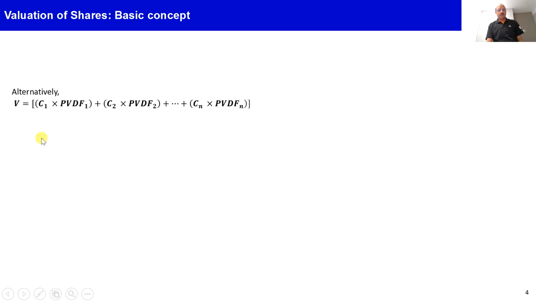Now we can also write the above equation in this fashion: C1, the cash flow of year 1, times the present value discounting factor of year 1, plus the cash flow of year 2 multiplied by the present value discounting factor for year 2, and so on till the nth period.